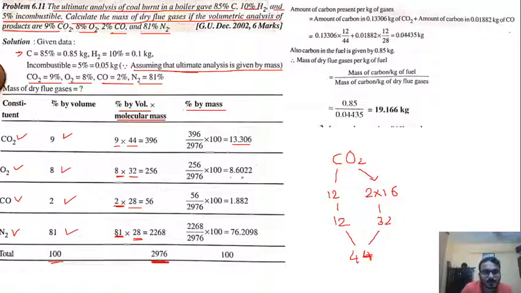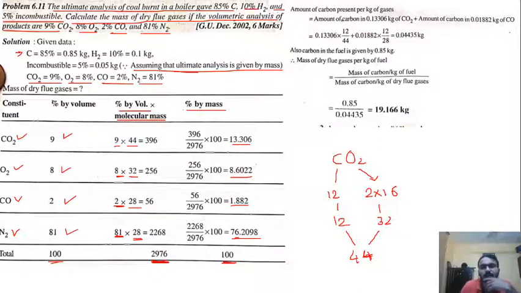For O2 it is 8.6 percent, for CO it is 1.88 percent, and for nitrogen it is 76.21 percent approximately. From this table we have obtained the percentage by mass for each constituent, and obviously the summation of all these percentages will be 100.